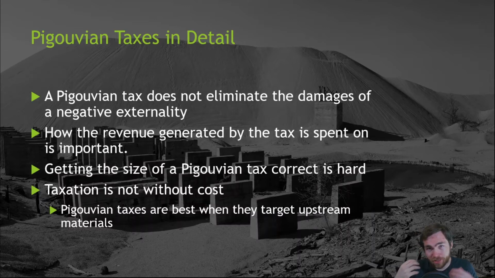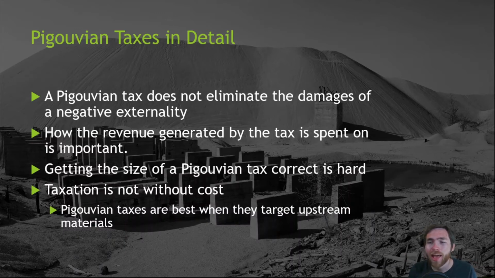So even if there were a Pigovian tax on the production of lead and zinc that was mined in that town, that wouldn't eliminate the existence of the negative impact. It would just make sure that the benefits and costs of those impacts are in balance once we sum across all of society.